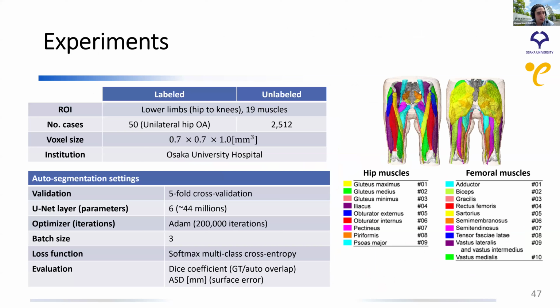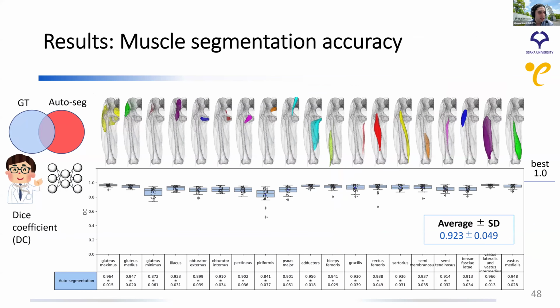So this study was done on 50 cases, and I used 5-fold cross-validation to validate the model, and I was targeting the 19 muscles that were addressed before. And we can see from these Dice plots of each muscle that the auto-segmentations have exceeded 0.923 on average on Dice.